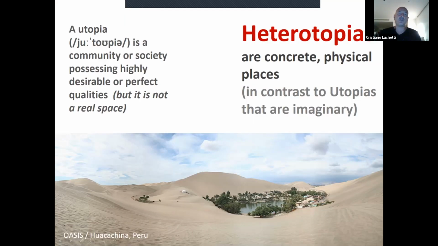And I want to borrow some of the slides from the previous lecture I gave here, where I was talking about this concept of heterotopias. The difference with a utopia is that the utopia is an ideal society, right, that possesses highly desirable or perfect qualities, but it is not a real space. So we use the term defined by Michel Foucault, heterotopias, which are concrete physical places, like, for instance, the oasis, the classical idea of the oasis.